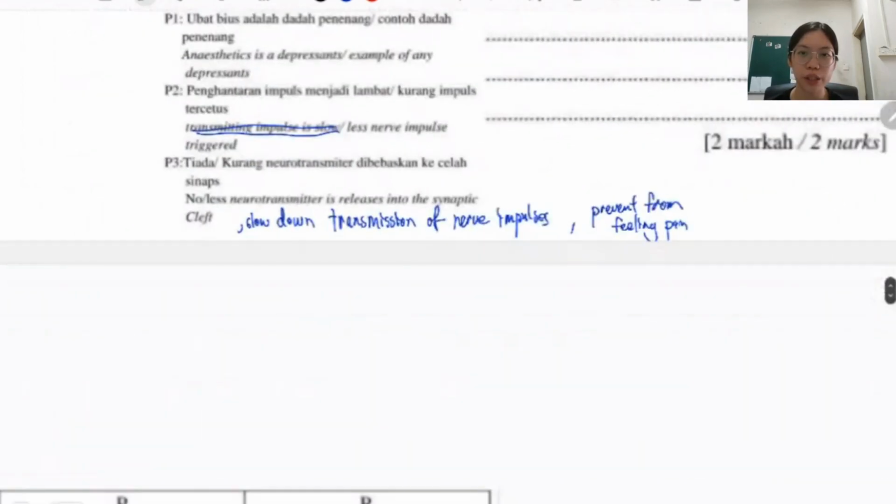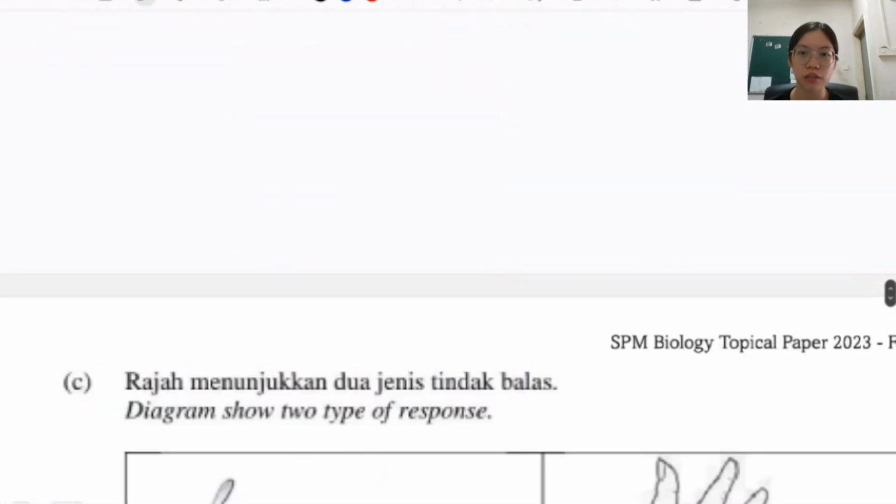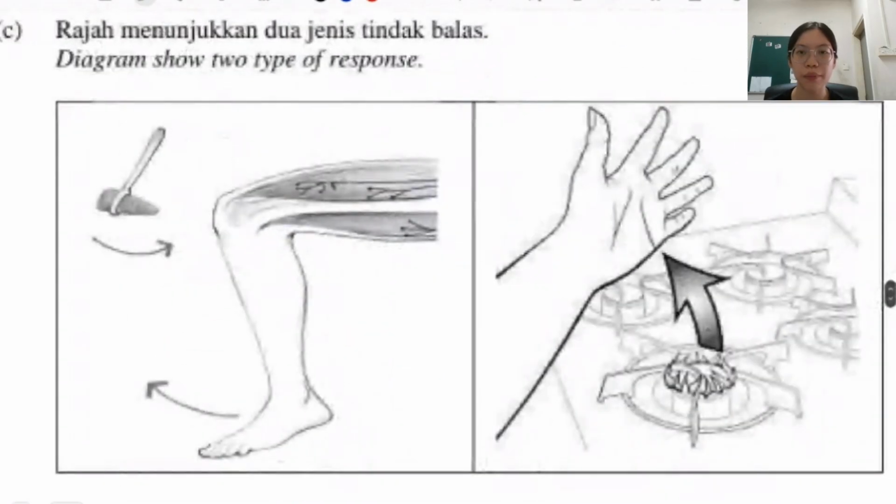Okay, moving on to the next one right here, type of response. You can see this is the knee-jerk one, and the right one is where you contract your hand to stay away from the fire, to prevent further injury.